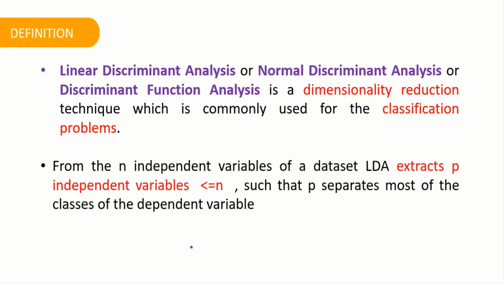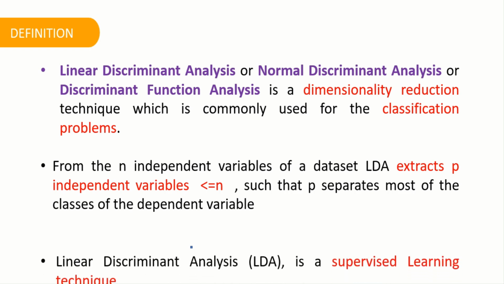Here, from the n independent variables of a dataset, LDA extracts p independent variables, where p is less than or equal to n, such that p separates most of the classes of the dependent variable. Hence, linear discriminant analysis is a supervised learning technique, and we are going to discuss this in the hands-on session also.